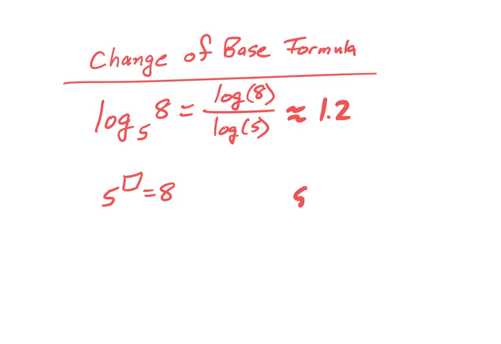And if I took 5 to the 1.2 power, depending on how far I rounded it out, then it's going to get me close back to 8. I mean, that's how you could kind of check it. It's not going to give me exactly 8 because we rounded the 1.2 answer, and we wouldn't be able to put that in exactly. If you need help with your calculator, let me know. I'll be glad to help you if you don't know where some of your buttons are on your calculator.